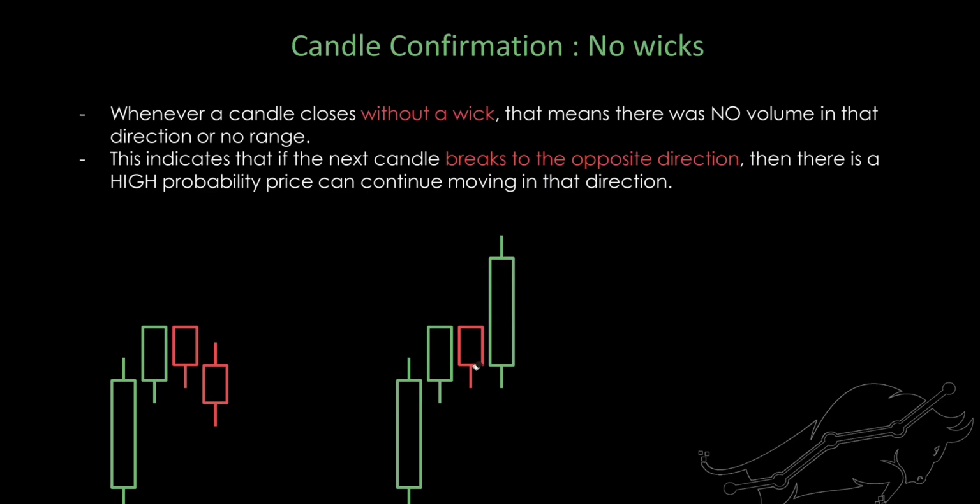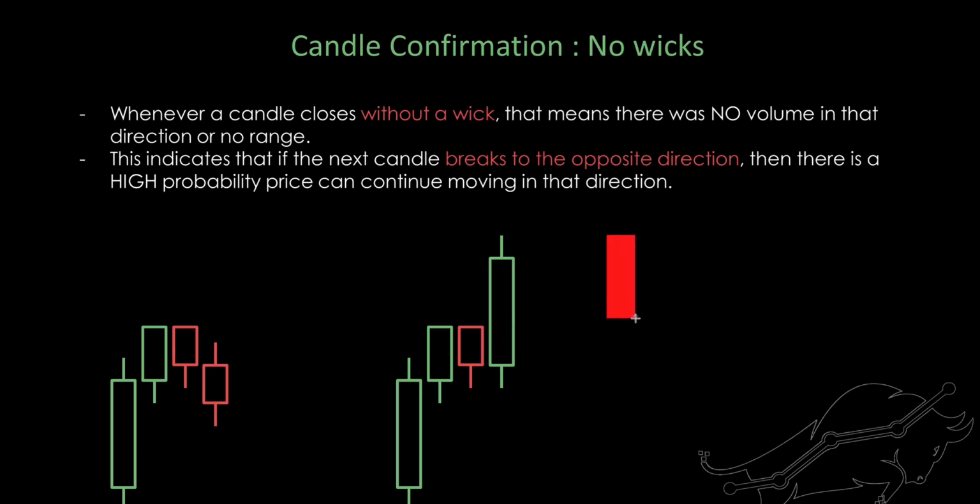So we talked about two opportunities at this point. We talked about when a candle closes with a small body and it moves in the opposite direction, and we talked about when the candle closes with no wick on the top, and it goes the same way for when you have candles closing.